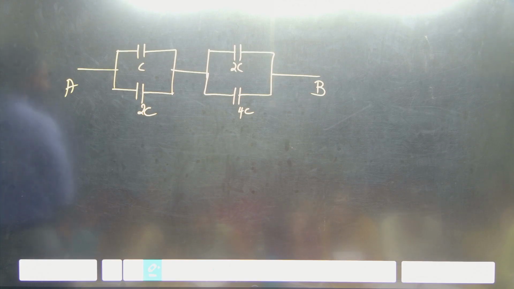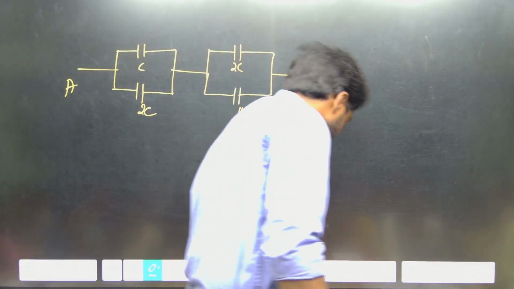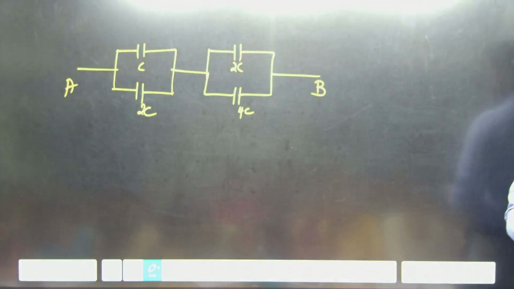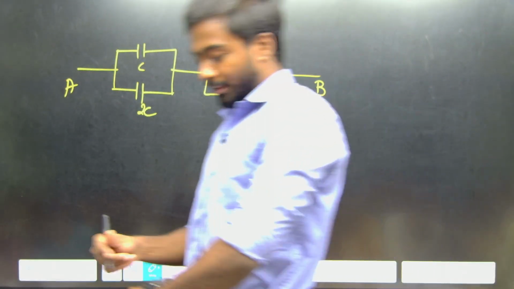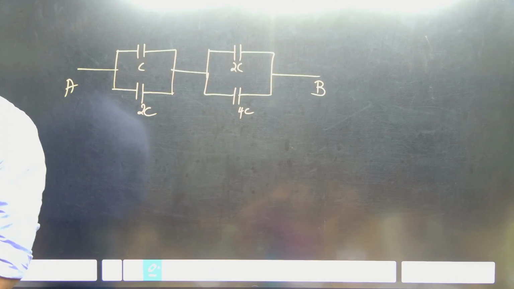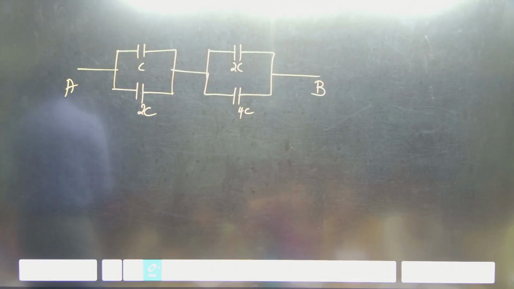Done. What is the answer? Done. 2 is the answer. Done. Swatika madam, completed. Boys, doing. Completed madam. What is the answer? 1 by 2. Cross check it. Answer is 2.